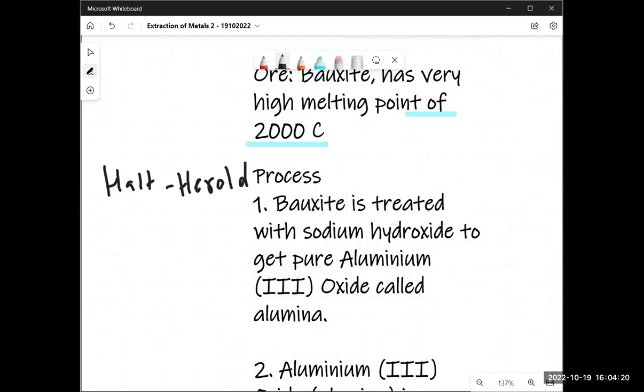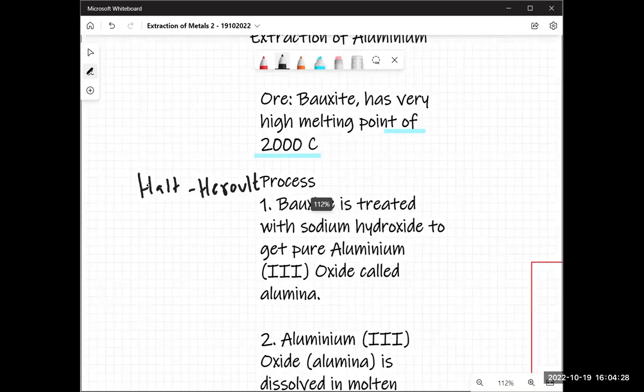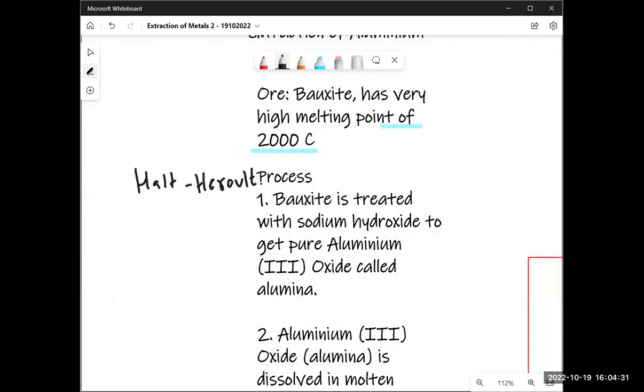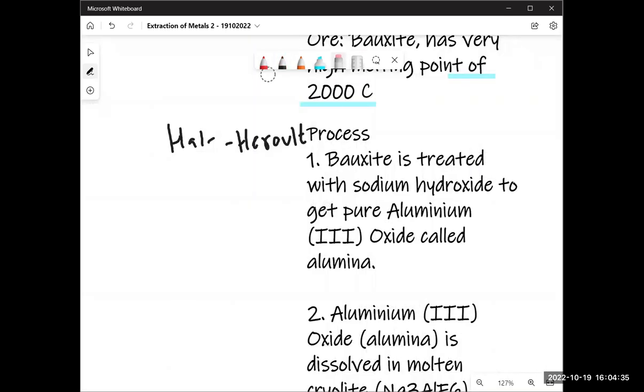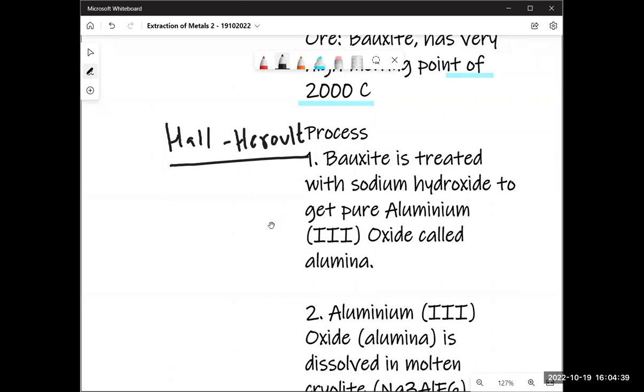That's the name of the process. That's called the Hall-Heroult process.